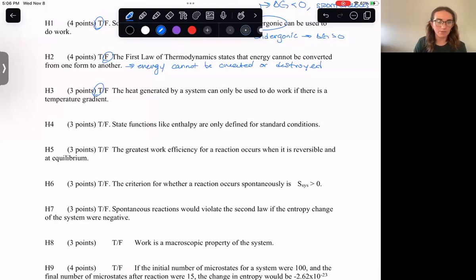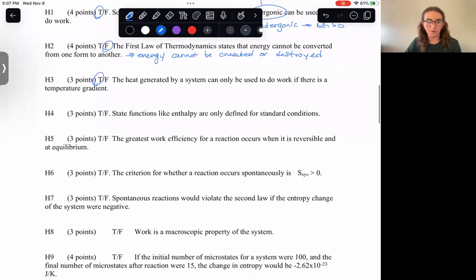You need to have a temperature gradient in order for the reaction to flow. It doesn't need to be a super large gradient. It can be something small in difference, but you tend to think of something that's very hot going to something that's very cold, and that temperature difference will allow for work to happen. Okay. Anything on questions 1 through 3 so far?